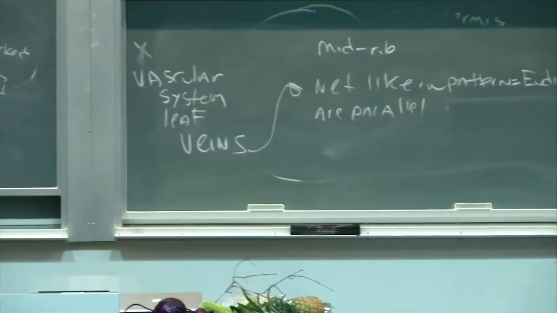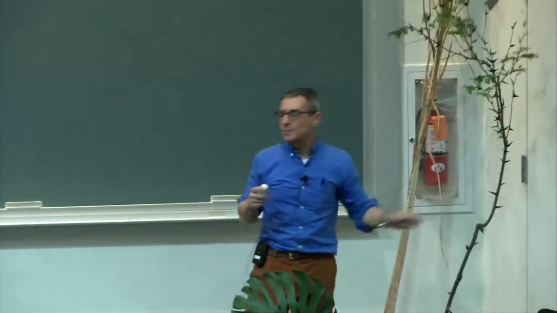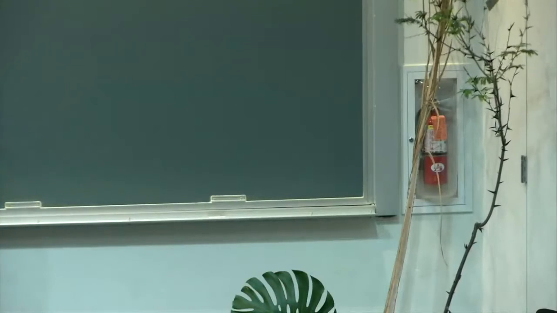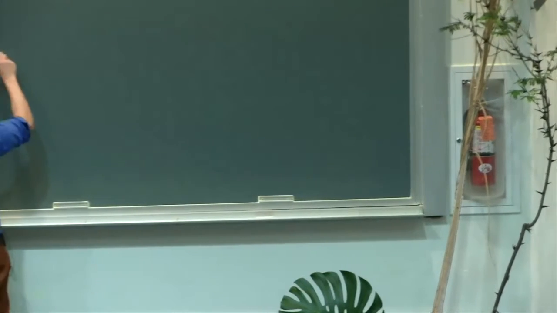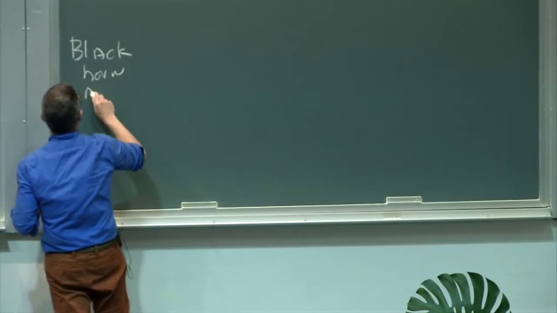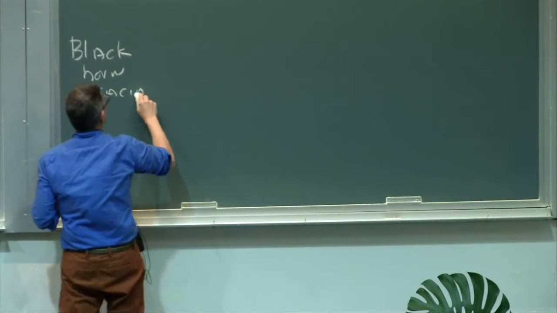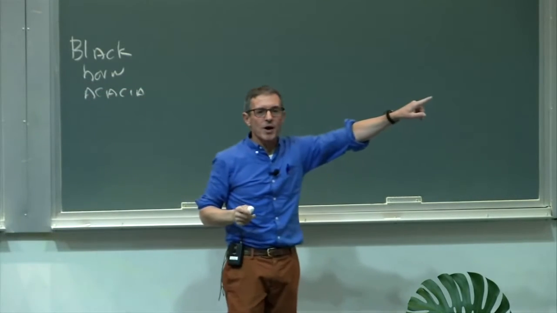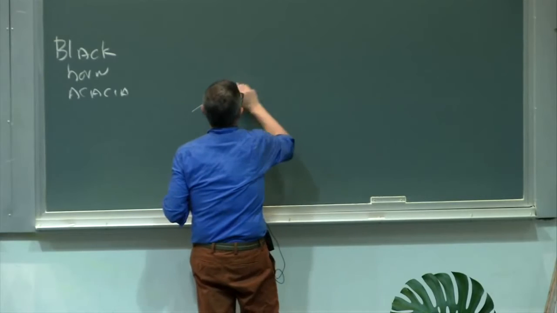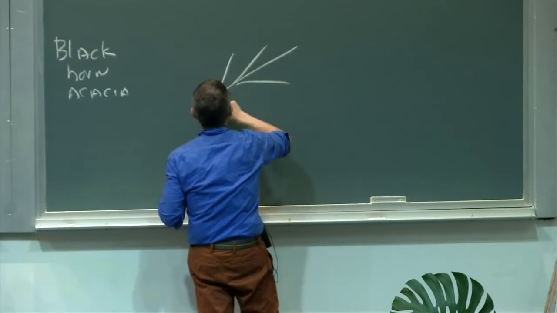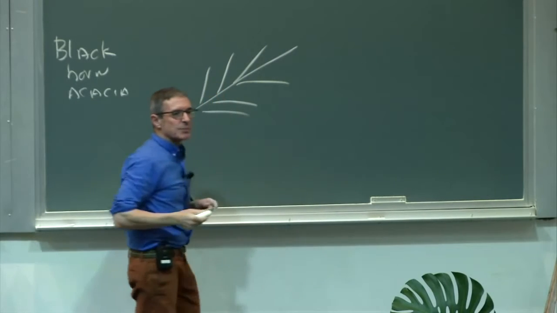In this plant which we have over here, and I hope some of you come up to see it, this is known as the blackhorn acacia. If you look at the leaves, the green part of the plant, and I'll just draw one leaf up here, the leaf is divided, almost looks fern-like in its appearance.